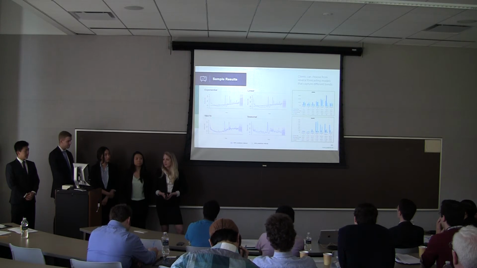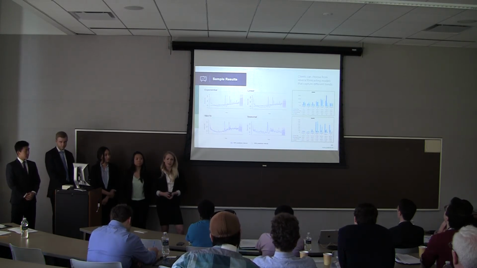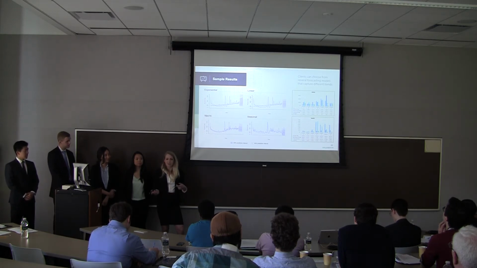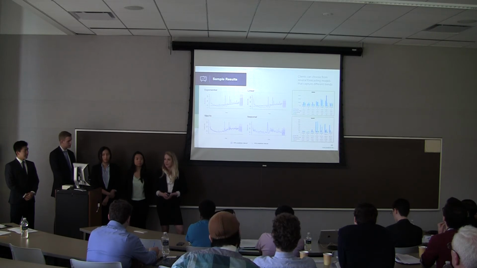And so the way these error statistics are obtained is the data is partitioned into a training period and a validation period. And the model is trained on the training period. And then for the validation period, the model's forecast for this period is tested against the actual data, and that is what generates these error statistics, which we have found to be relatively low, proving the validity of our models that we've been using.